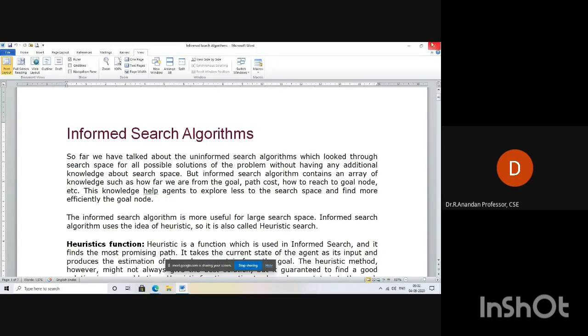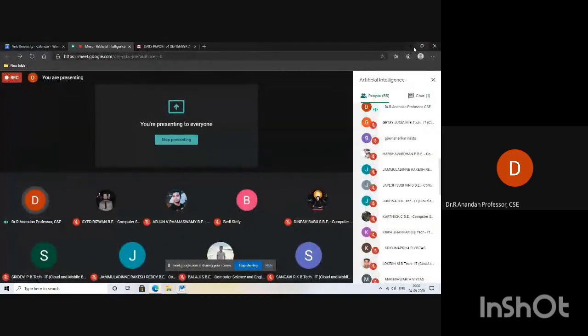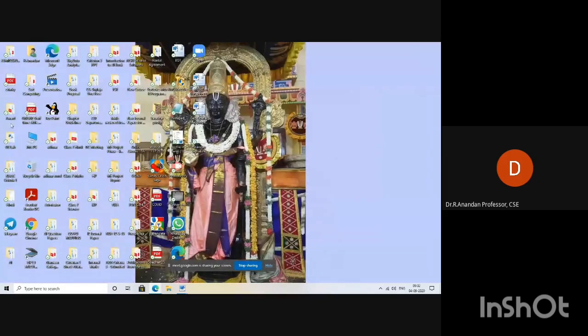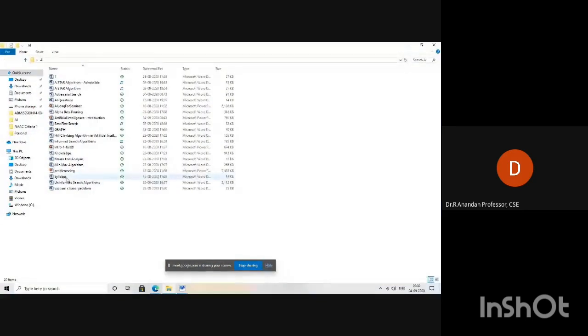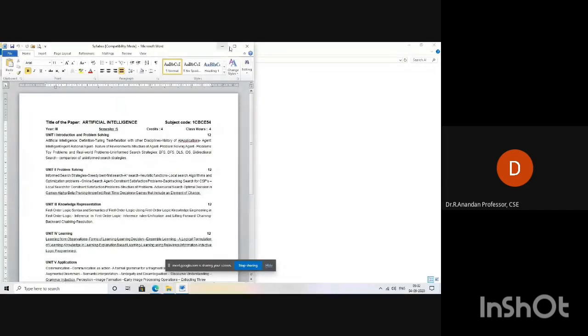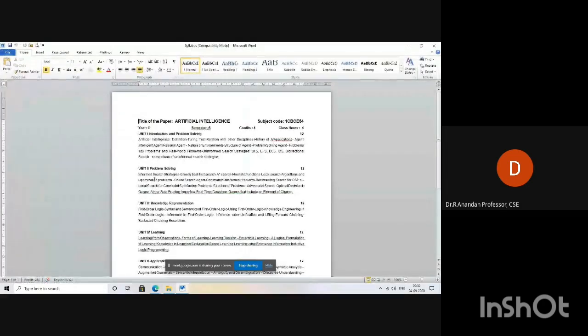Okay, as far as the syllabus is concerned, in Unit 2, you have informed search strategies, greedy best first search, A star heuristic function, local search algorithms.